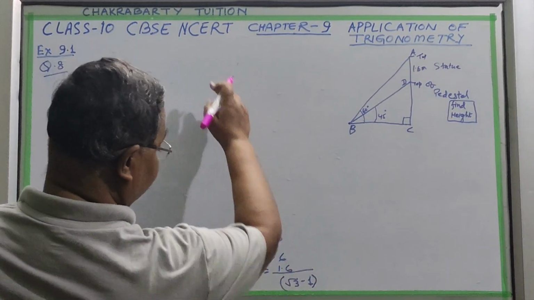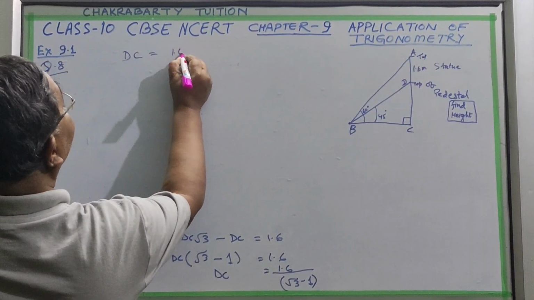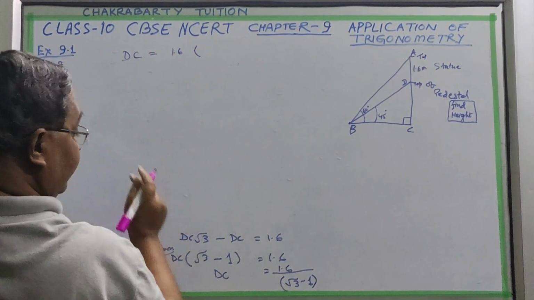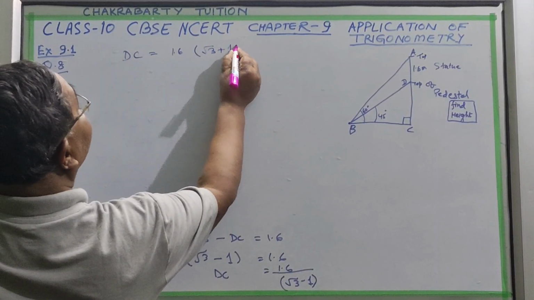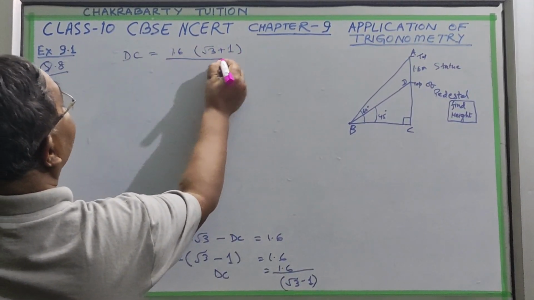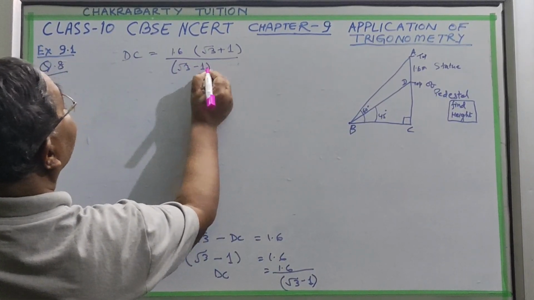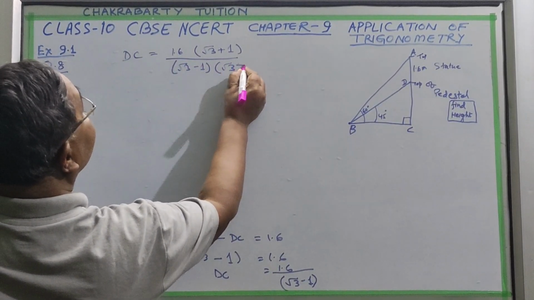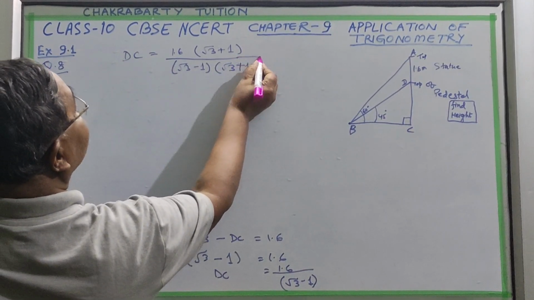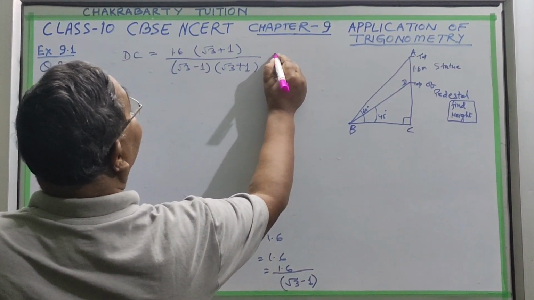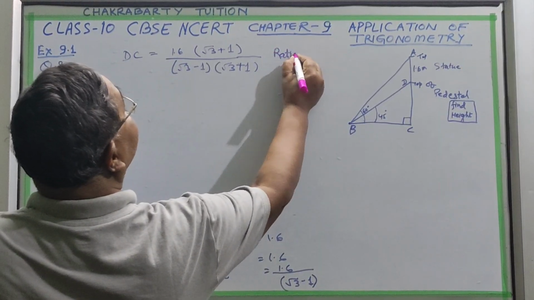So DC is equal to 1.6 multiplied by under root 3 plus 1, upon under root 3 minus 1 multiplied by under root 3 plus 1. We have multiplied both sides, so this is rationalized.